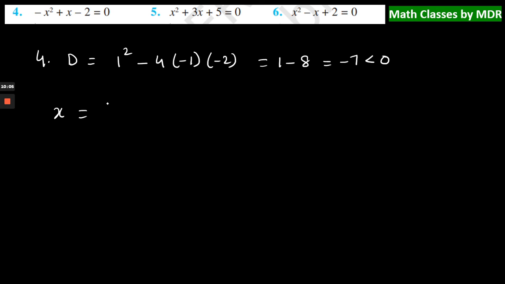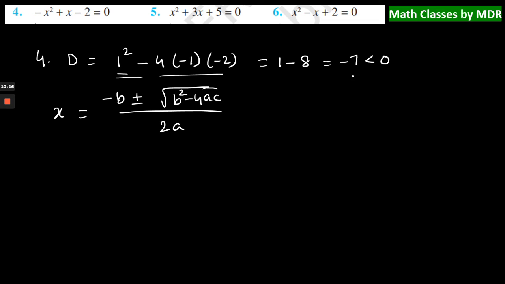Therefore, your x is, let me write one more time, minus b plus or minus root of b squared minus 4ac by 2a. B squared minus 4ac is nothing but this value, minus 7, so you can substitute that directly. For the fourth one, minus 1 plus or minus root of minus 7 by 2 into minus 1. A is minus 1 here.